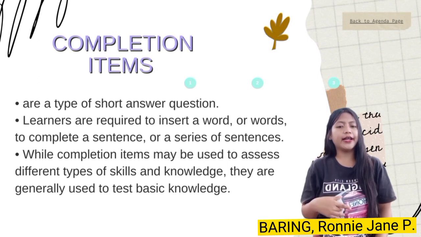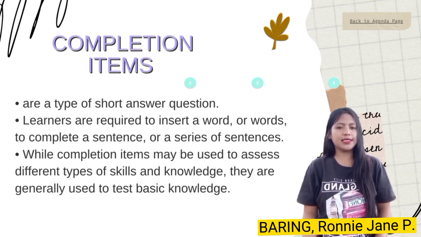In addition, completion items are a type of short answer question. In completion items, learners are required to insert a word or words to complete a sentence or a series of sentences. While completion items may be used to assess different types of skill and knowledge, they are generally used to test basic knowledge.